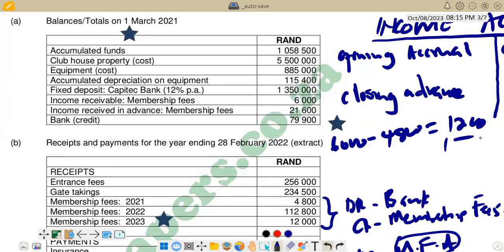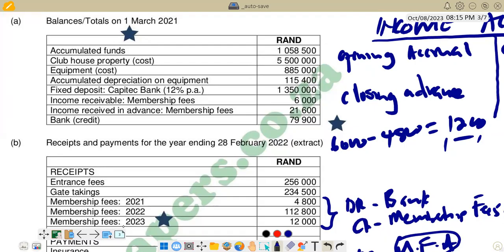So this balance is being said that we should write it off. This is coming as a bad debt, the treatment of bad debt, because we are no longer going to receive this, so we are writing it off. By writing it off, we are now crediting the membership fees account with this amount, that is 6,000 minus 4,800.